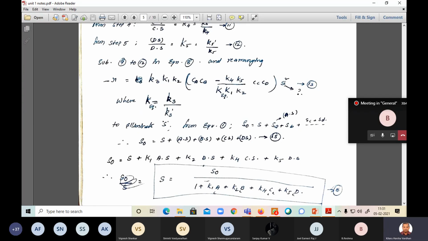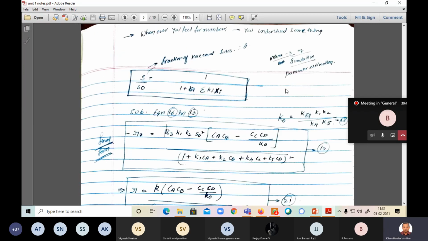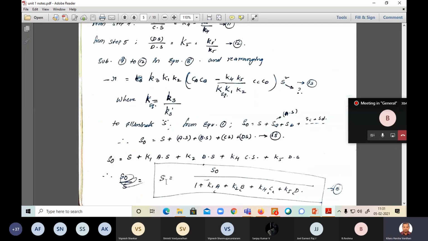So we can write S is equal to S naught, the total active site concentration, divided by 1 plus A, B, C, D. A and B are the reactants, C and D are the products, right?